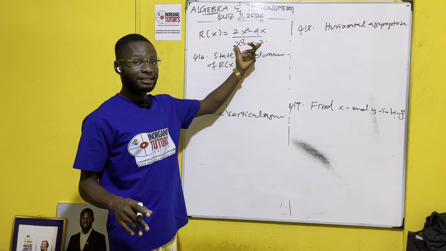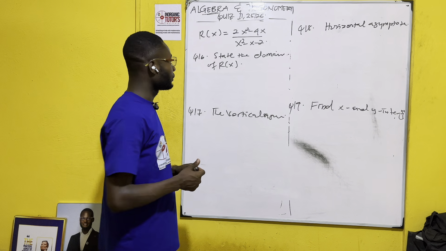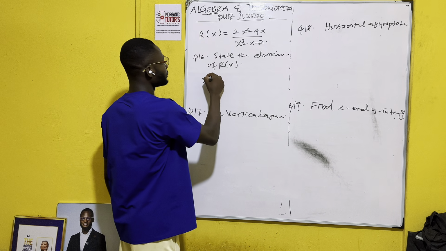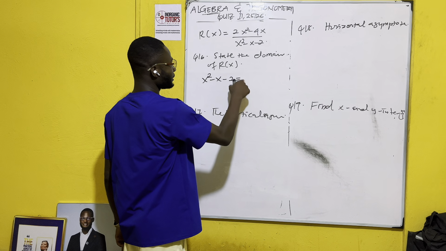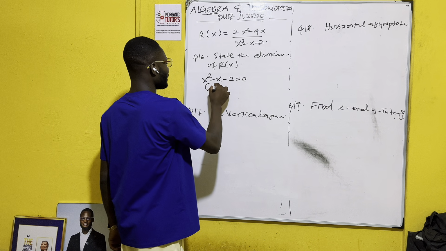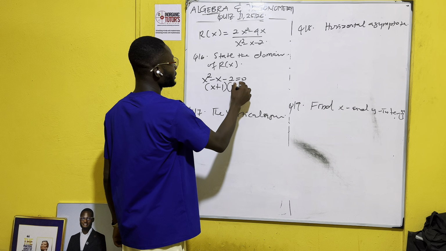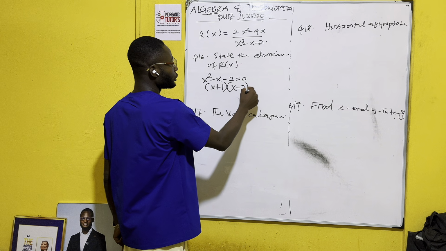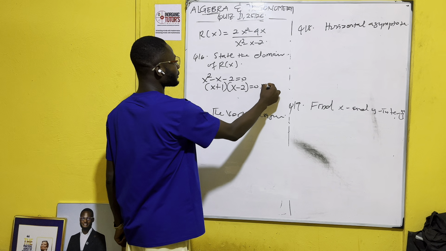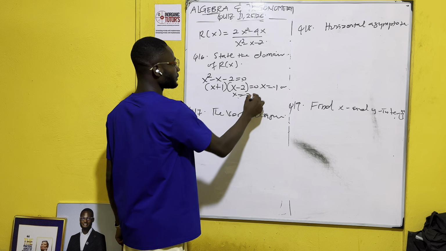It's found by setting the denominator to 0. So when you factorize, you're going to have s plus 1 and then s minus 2. This implies that s is equal to negative 1 or s is equal to positive 2.